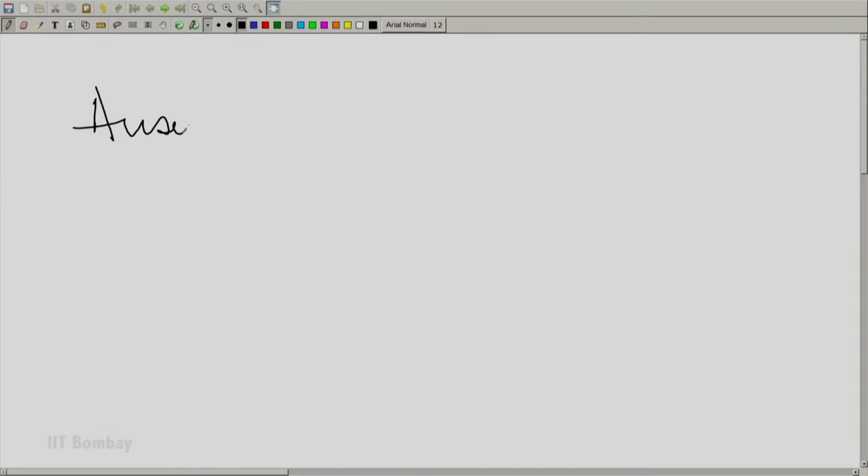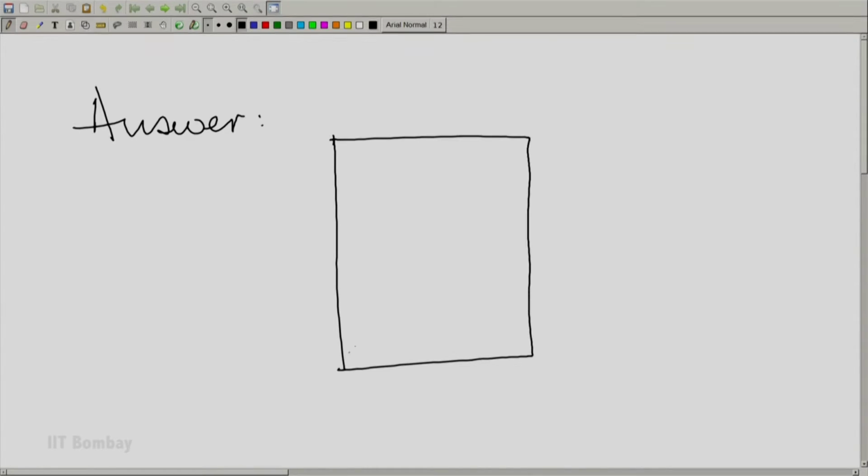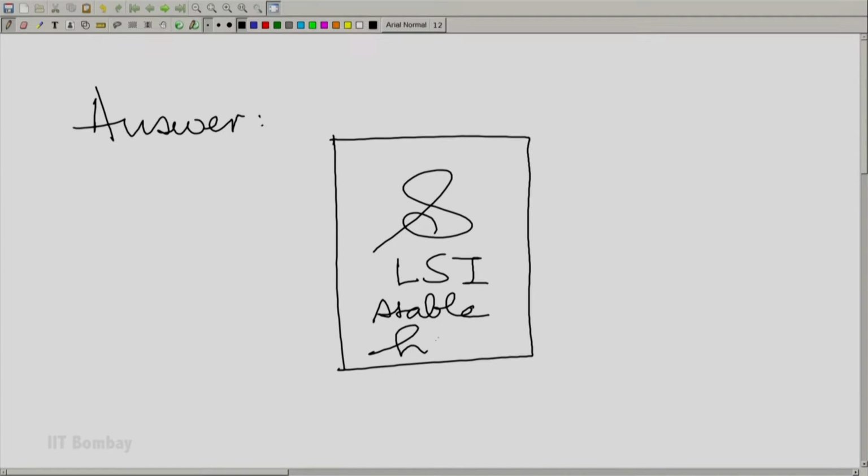So, when I use the additivity part of linearity, I can recognize that the output is going to be the sum of the output to each of those sinusoids. So, let me put that down. So, answer, I have the system S, it is linear shift invariant, stable, it has an impulse response h(t), and I can define the frequency response of the system.